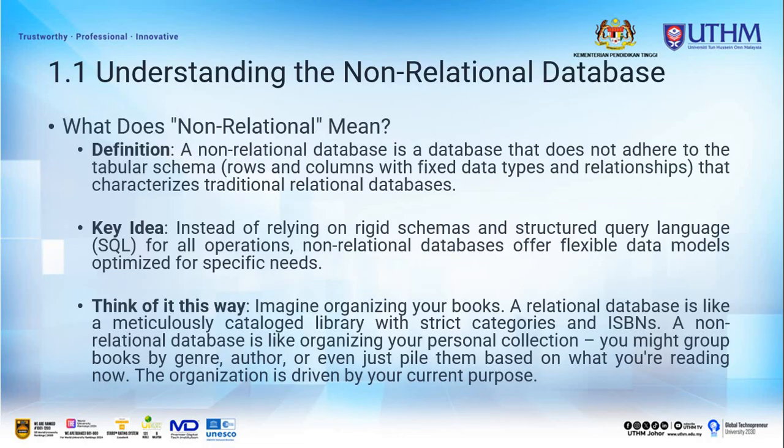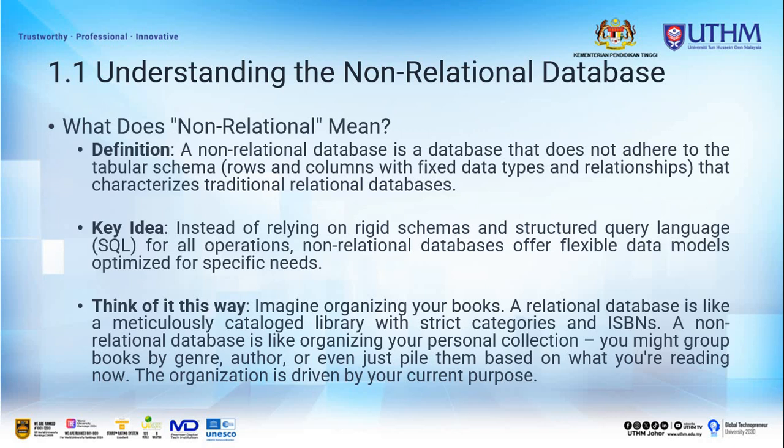What does non-relational mean? A non-relational database is a database that does not adhere to the tabular schema, rows and columns with fixed data types and relationship. So there is no tabular form, there's no table in this non-relational database that characterizes traditional relational database.